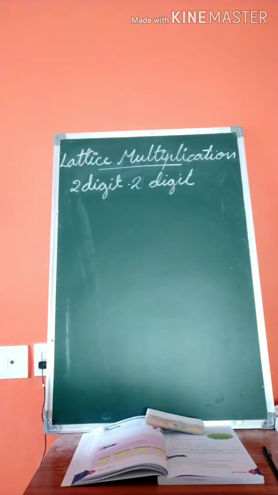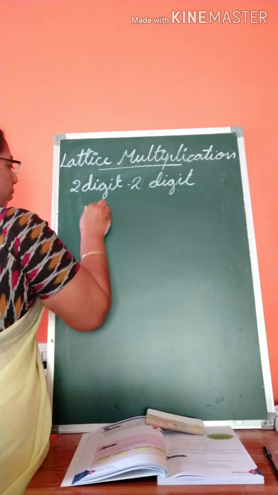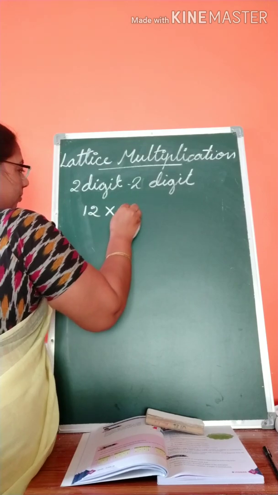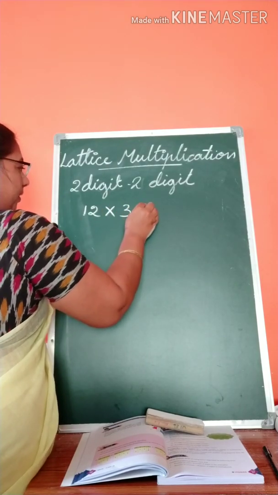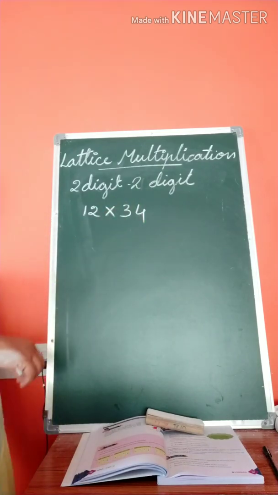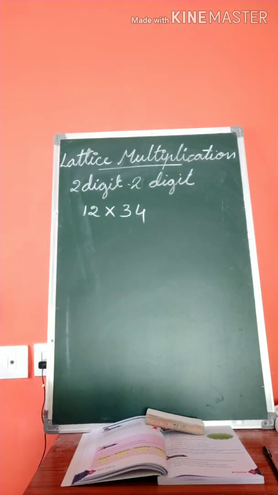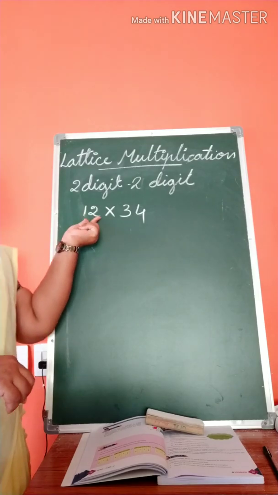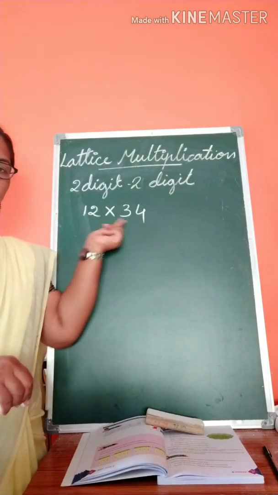Okay, let us take an example, children: 12 into 34. So here, what multiplication are we doing? Here we are multiplying 12 into 34.